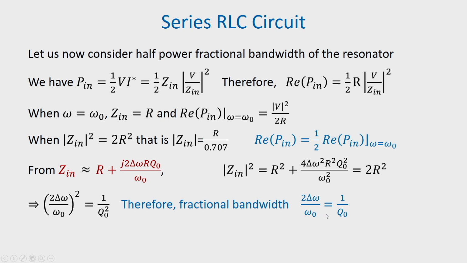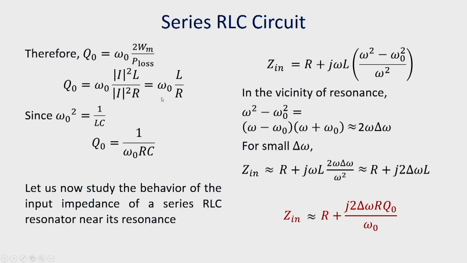So, the higher the value of Q, the narrower the fractional bandwidth, and we have seen that Q naught is given by omega naught L by R. So, if R increases, the power loss in the circuit increases, Q will decrease and we will have larger fractional bandwidth.